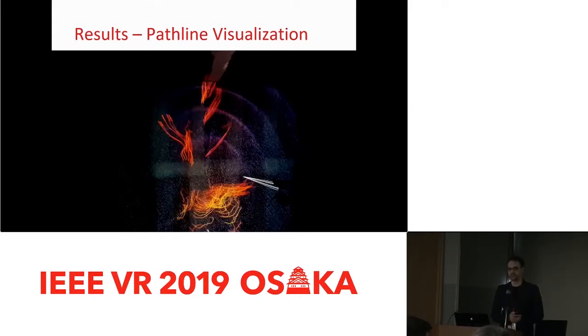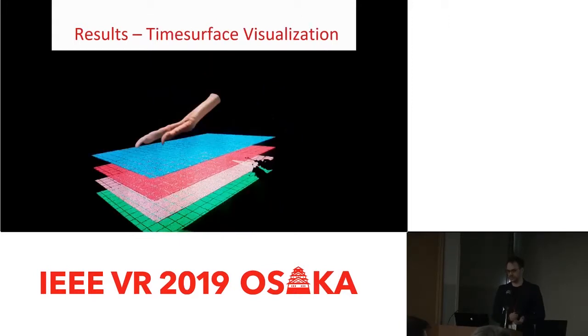The other result that was really interesting was the idea of using Timesurfaces. Basically, what you're doing here is you select some particles, and instead of treating them individually, you triangulate them and create a surface out of them, and basically track the deformation of the surface over time, which looks a little bit like this.